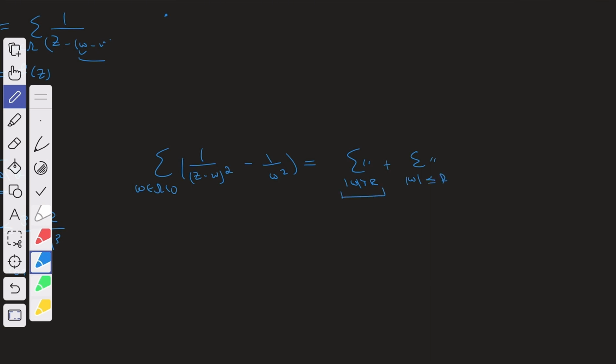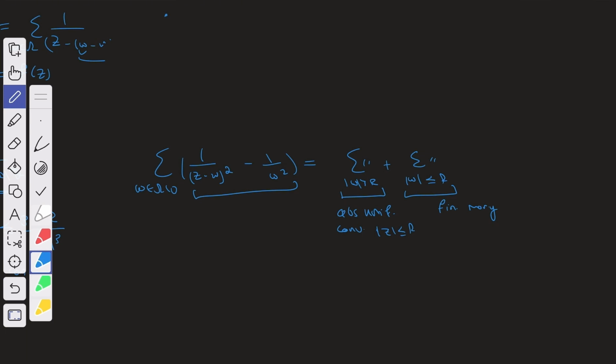Now this first term is an absolutely uniformly convergent series for |z| less than or equal to r, so it's a local thing, and this second part has finitely many terms that take this form, and thus it has finitely many poles of order 2 at the periods.